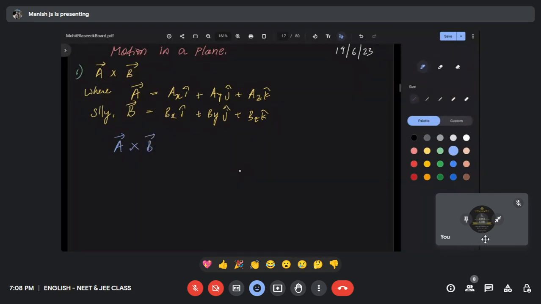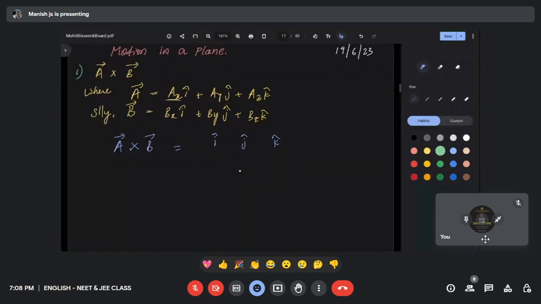can be written in determinant format, wherein I am first writing down the unit normal vectors in their directions. As per the Cartesian coordinate system, we have I, we have J, and we have K. So I'm first writing them, and then I'm writing down the corresponding components.